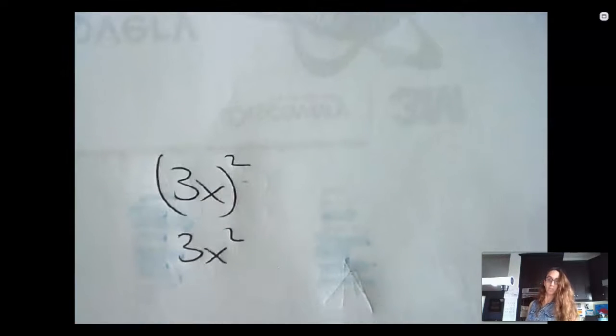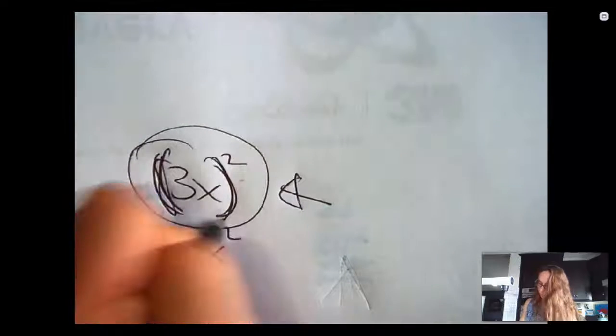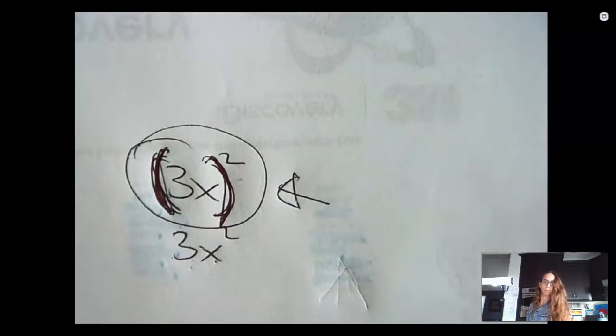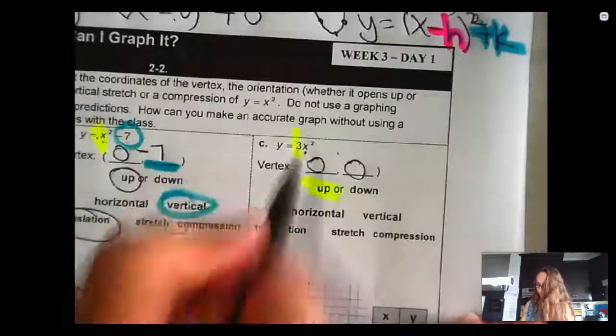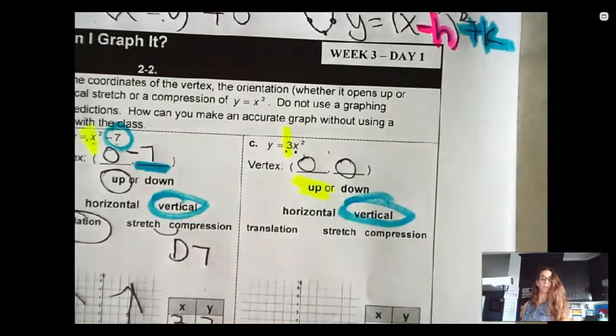The first one or the second one? And you would go, oh, the first one looks like it's with the x, because it's literally in parentheses with the x. So this isn't with the x, it's just next to it. If I stand next to somebody, it doesn't mean we're together. But if I have my arm around them, you'd go, I wonder if they're together. So that means it's not with the x, it's with the y, so it's vertical.